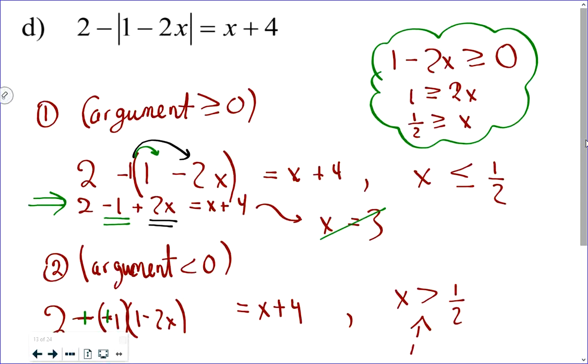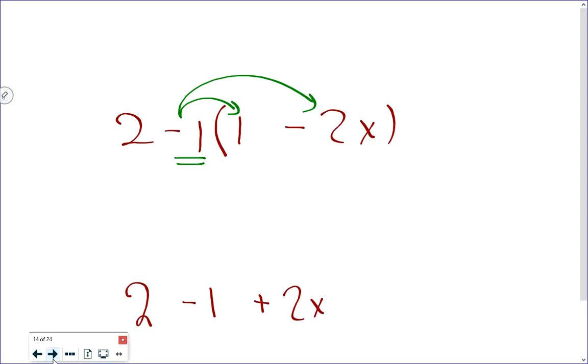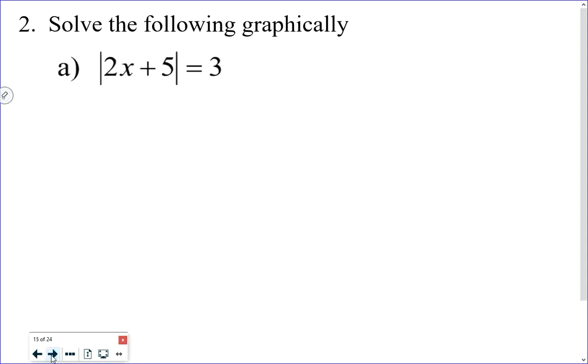All right, so we are going to solve graphically now. What does that mean, graphically? Well, we have solved some things graphically, quadratic equations. I think the best way to solve this graphically, there's two ways, but I think the best way is to graph y1 equals 2x plus 5 and y2 equals 3.